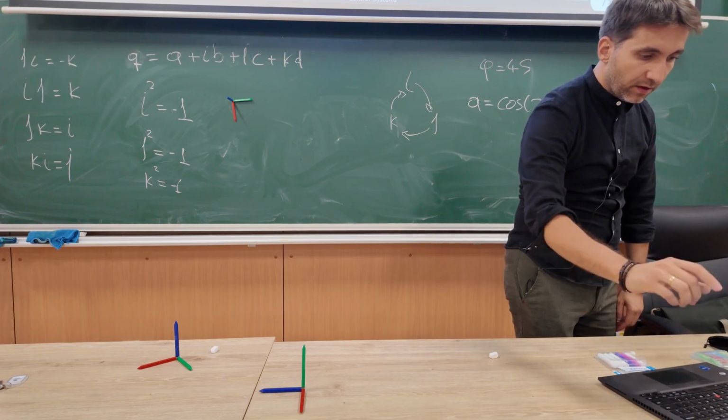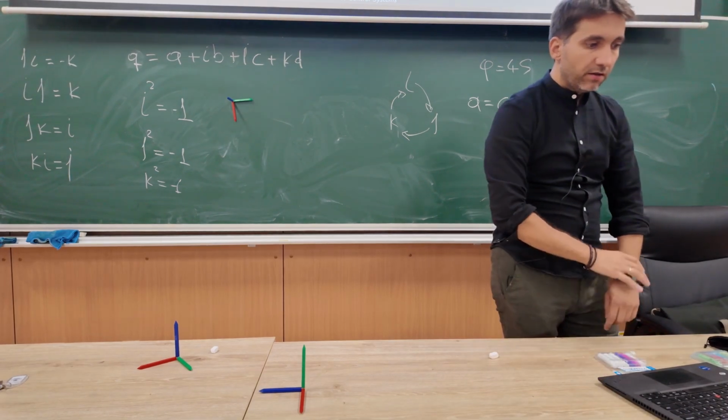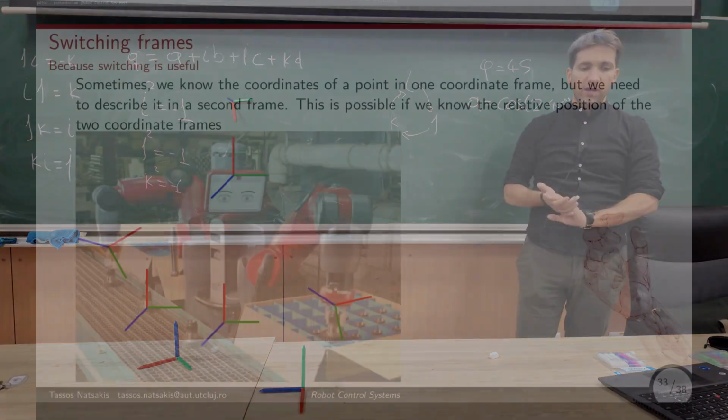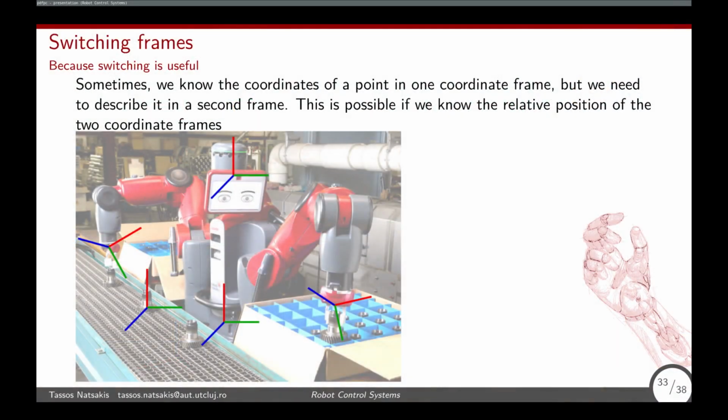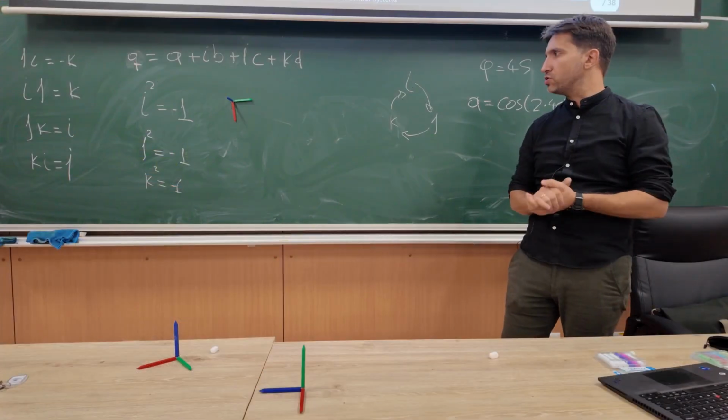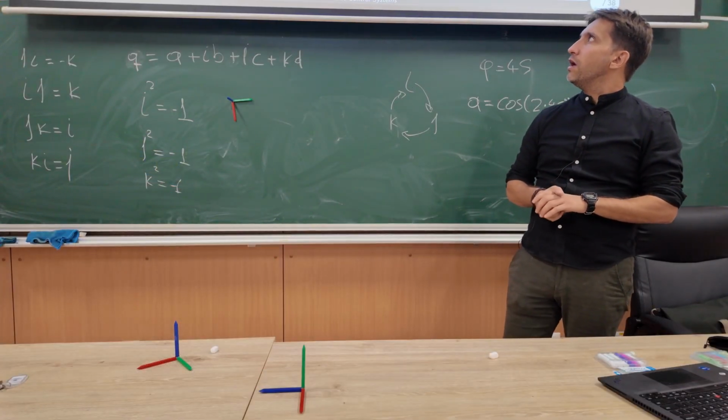Now, the final concept that we'll talk about, and it's something that you'll practice also in the laboratory. In robotics, we have a lot of frames around, right? A lot of things moving, and for each one we need to use a frame to describe its position and orientation.